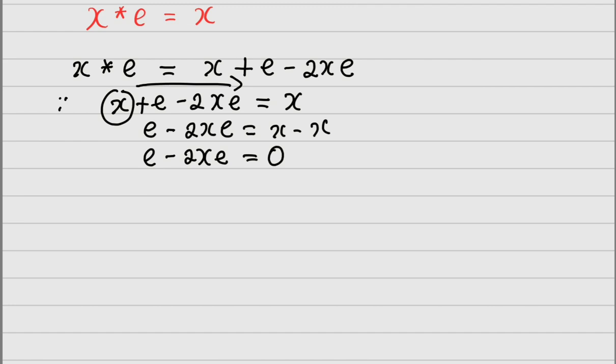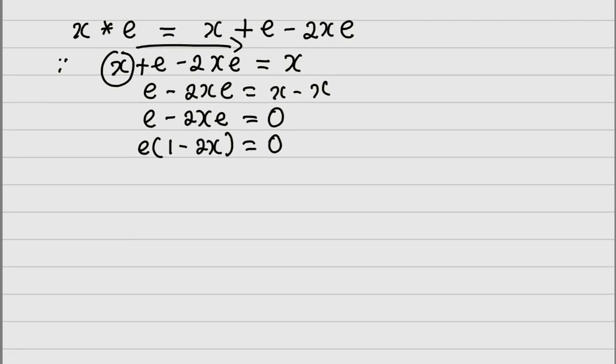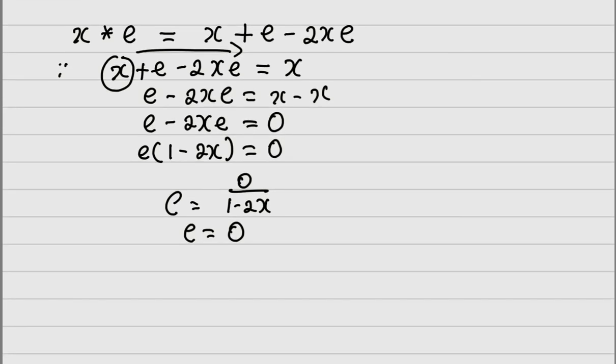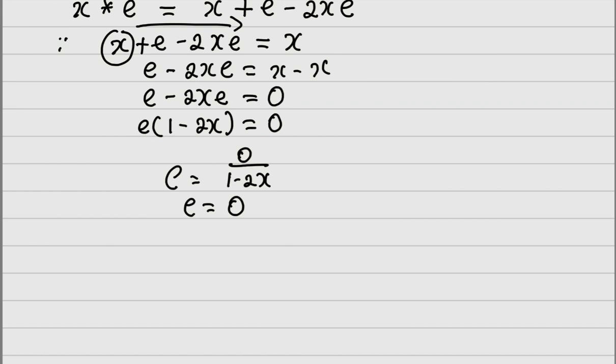Now to solve this, we factorize E so that we have E times 1 minus 2x equals 0. Now mathematically, E will be 0 over 1 minus 2x, and E equals 0. So our identity element, that's the first thing that we are asked to look for, is equal to 0. All right, good. So let's move to the second thing.